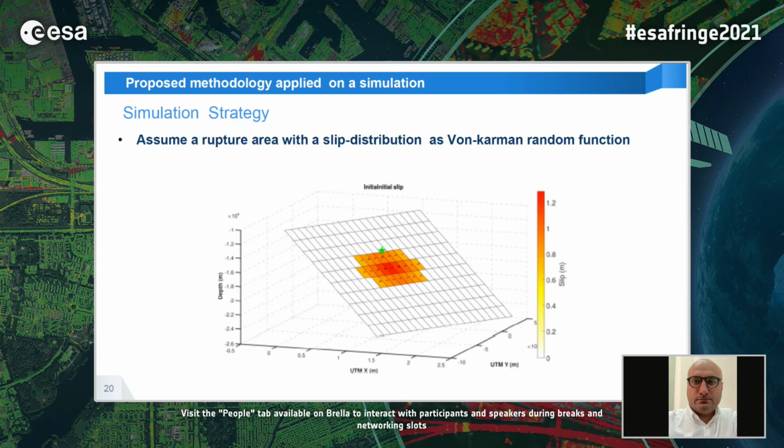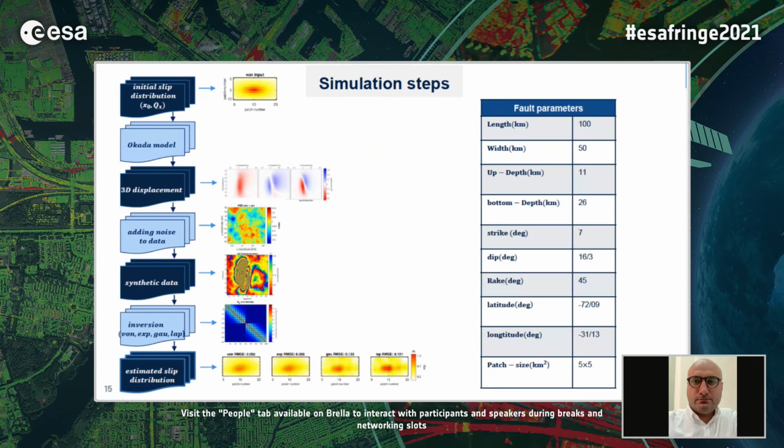This is very simple, a very fast transition from a slipping area to a non-slipping area. Based on this slip, we simulate data, we add the noise, we make the interferogram, then we do regularization. Let's go to the next slide and see the results.